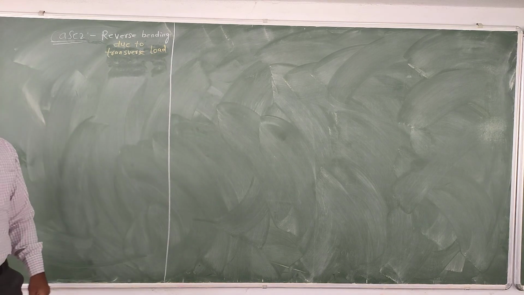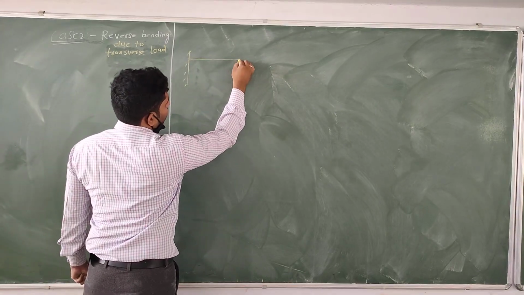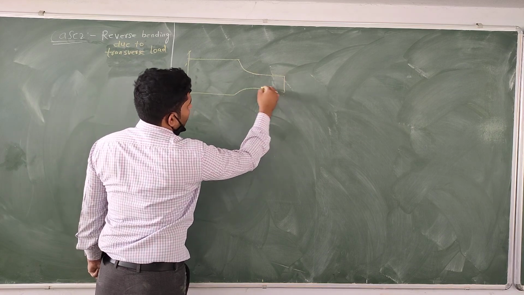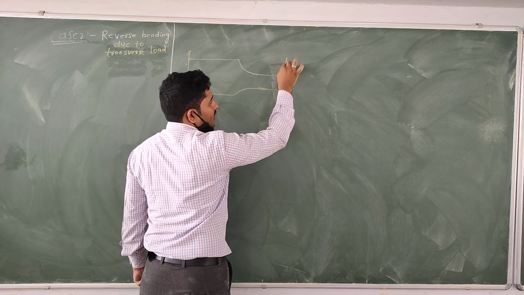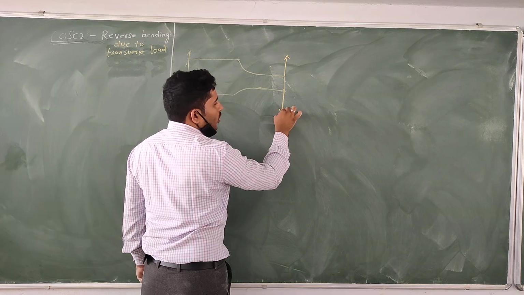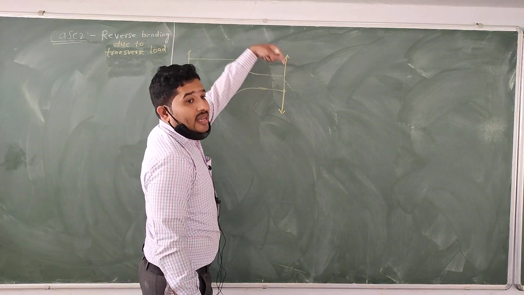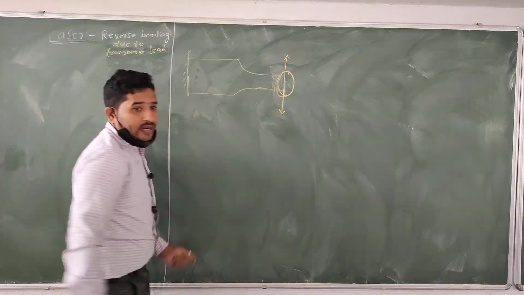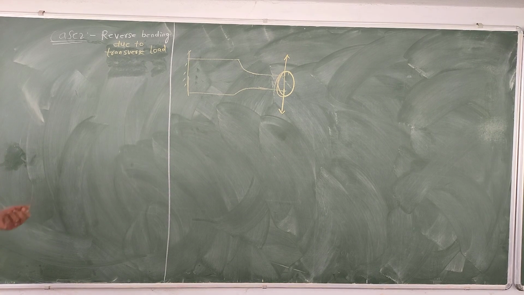First thing is, we know very well, this is our fixed end, and this is our free end. At the free end, which load is acting here? One is upward load, another one is downward load. So this means that the maximum bending moment is acting where? At the free end. Okay dear.